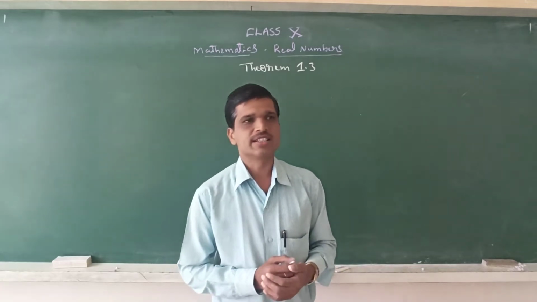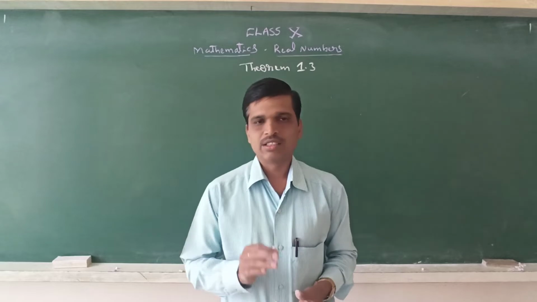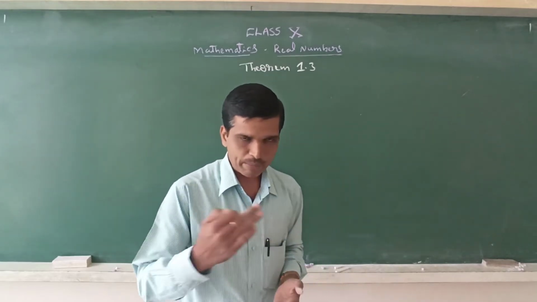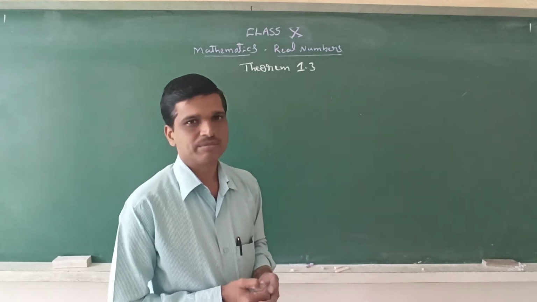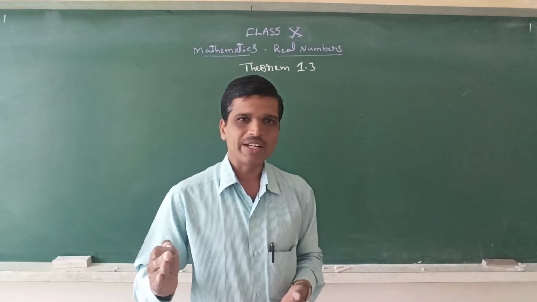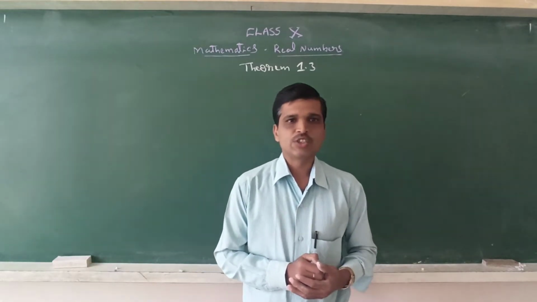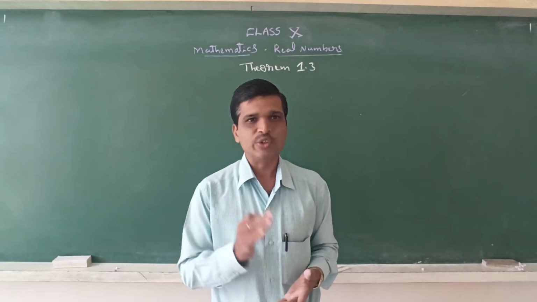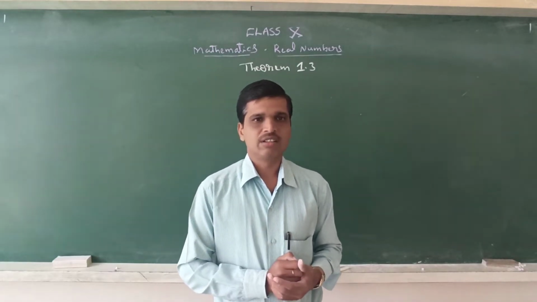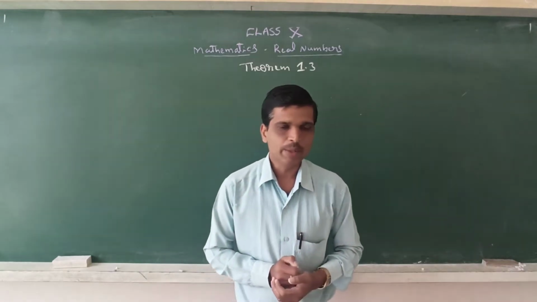What does it say? Every composite number can be expressed in the form of prime factors, and there exists uniqueness apart from the order in which the prime factors occur. So this is the statement of the previous theorem.